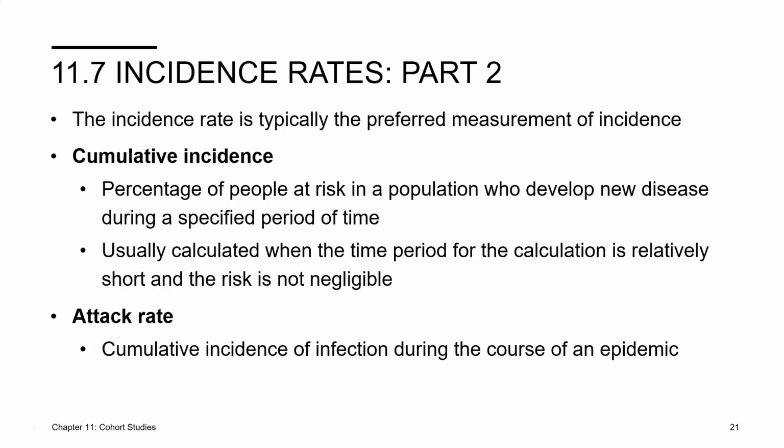In general, whenever you report incidence, sometimes you can just report it as incidence without using rate and without using cumulative. That's usually how it's reported in the literature because of that difference. And as long as people just define what is in their numerator and in their denominator, it makes it so much easier. The attack rate is the cumulative incidence of infection during the course of an epidemic.